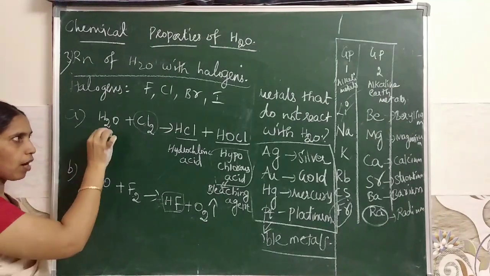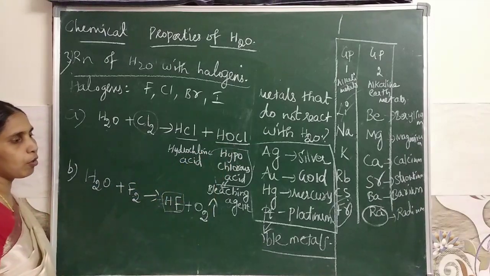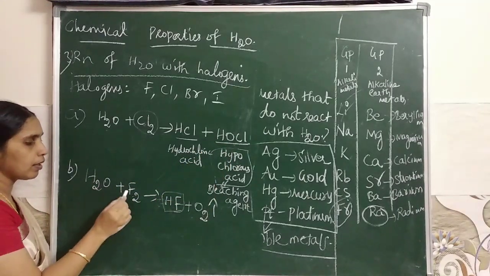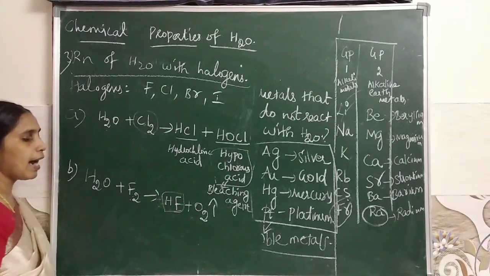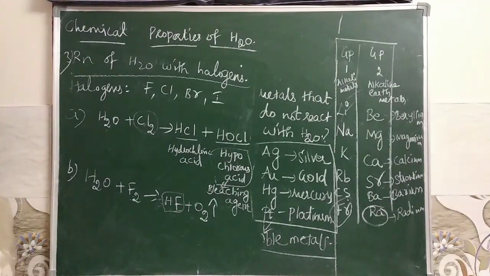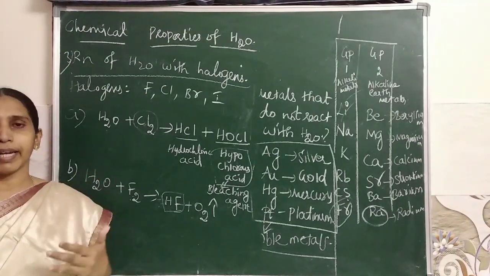Okay? So water reacts with chlorine forming hydrochloric acid and hypochlorous acid, and water reacts with fluorine forming hydrogen fluoride with liberation of oxygen. Okay, so these are the chemical reactions of water.